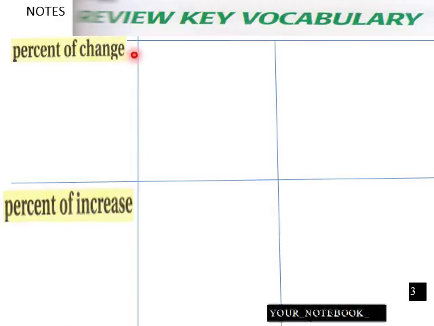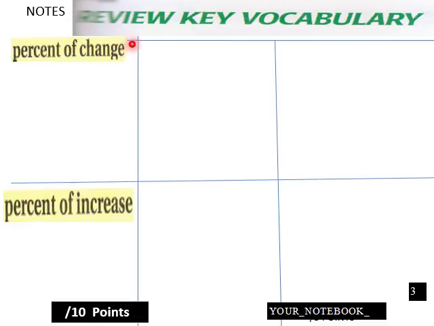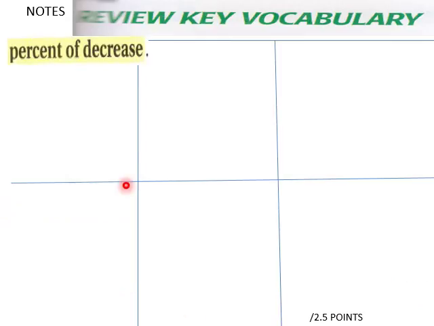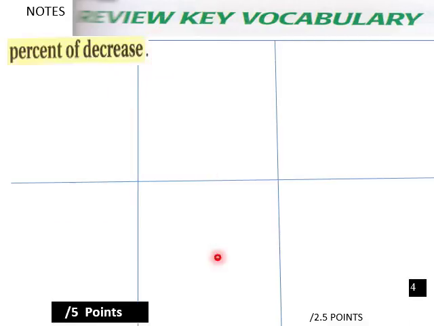Students, this is your chance to define these terms here in your own words. Percent of change, percent of increase, 10 points here, notebook. Make sure you put page 3 on this lesson for your notebook. And then this one as well, percent of decrease, notebook, 5 points here, page 4.